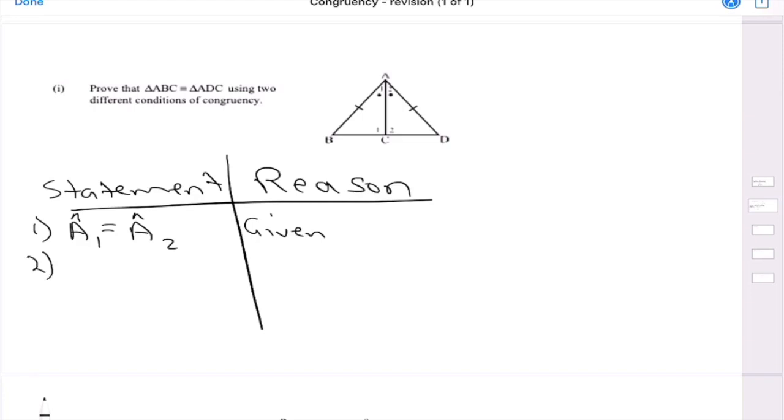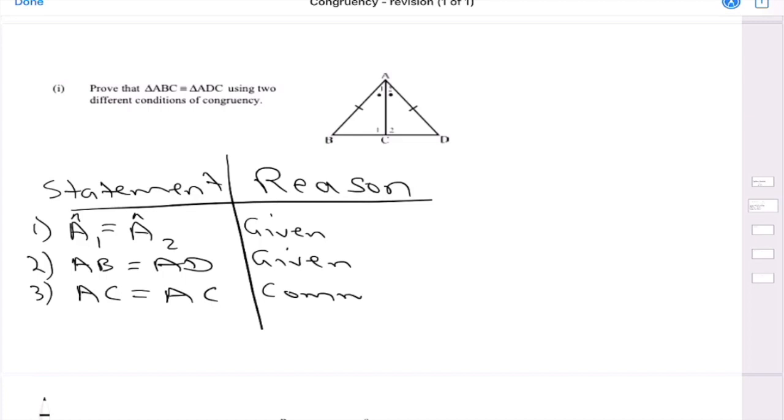The second thing we notice is that the side AB is equal to the side AD. We also know this because that is given. Then the other thing that we notice is that the side AC is common. So we can write AC is equal to AC and then give our reason as common.